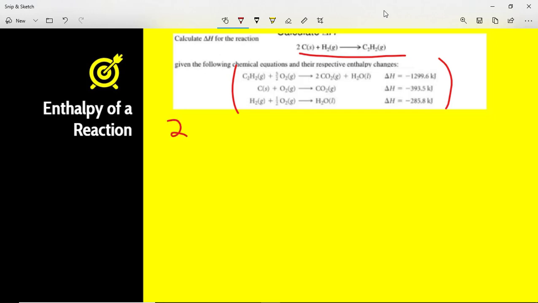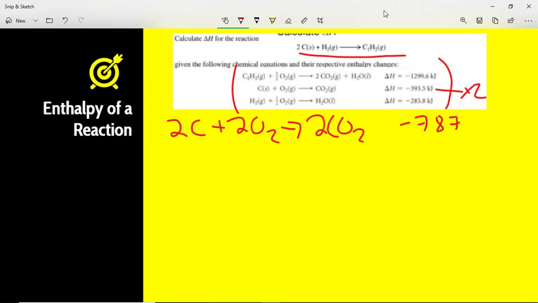So we're going to get 2C plus 2O2 yields 2CO2. And as a result, I'm going to multiply the enthalpy times 2 because I multiplied all of my chemicals times 2. So we get negative 787 kilojoules.